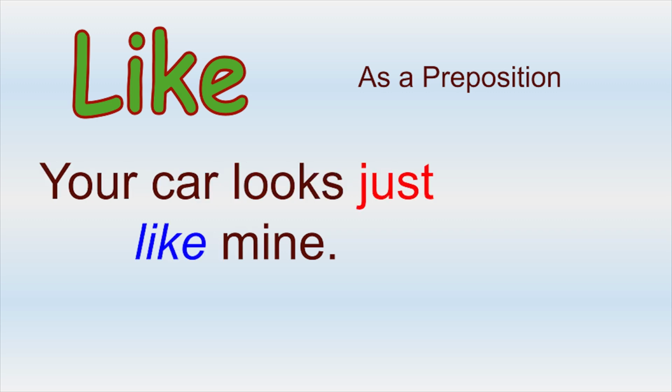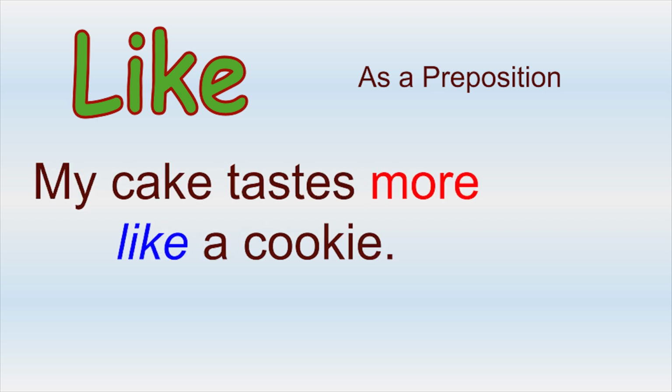Your car looks just like mine. My cake tastes more like a cookie. So in these sentences, we are emphasizing the degree of the similarity between one person or one thing and another. It's like we're giving levels to the similarities.